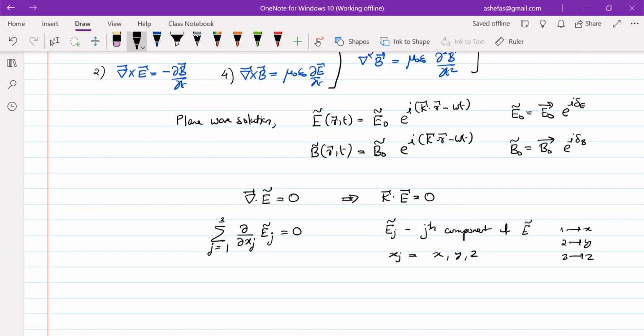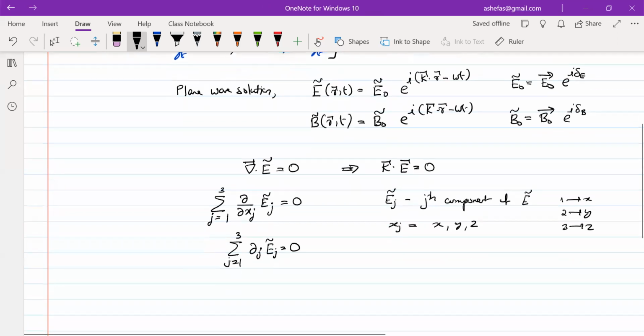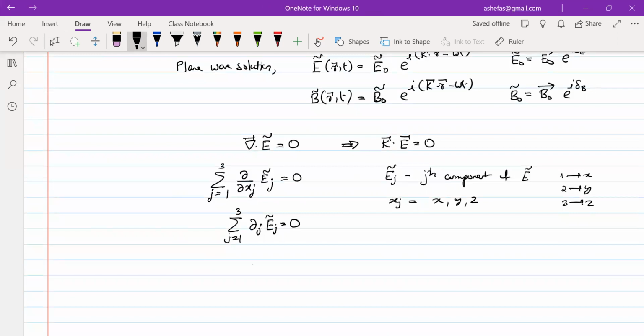So this is one way. Now the same thing in a very short way we can write as the sum over j equal to 1 to 3 of dou_j E_j equal to 0. And if you are using the Einstein summation convention, then we can write dou_j E_j tilde is equal to 0.